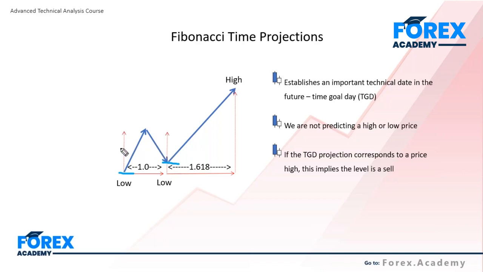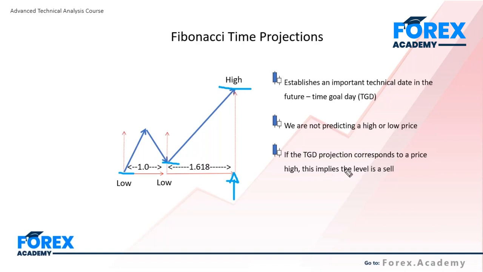What we do is we calculate the time distance between these 2 points and project it forward by using, for example, a 1.618 ratio. That gives us an important future date. If at that future date price has been moving higher, as in this instance, then that high represents a potential sell.